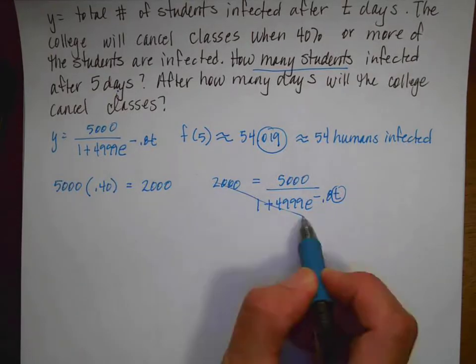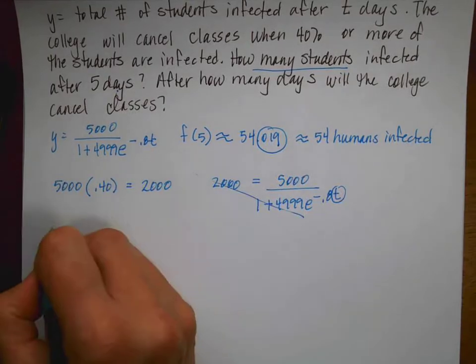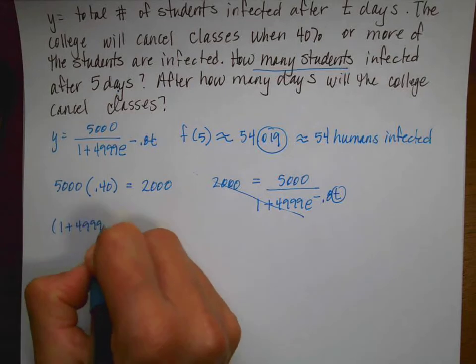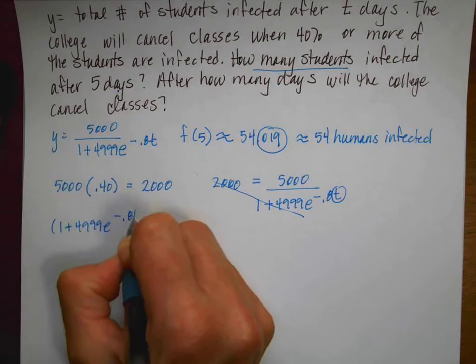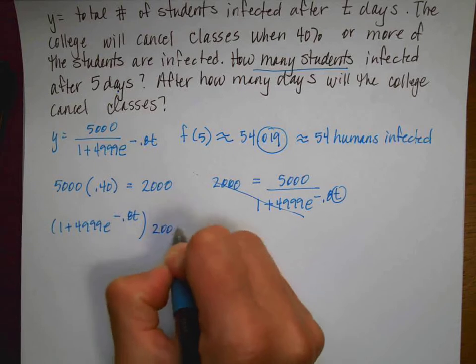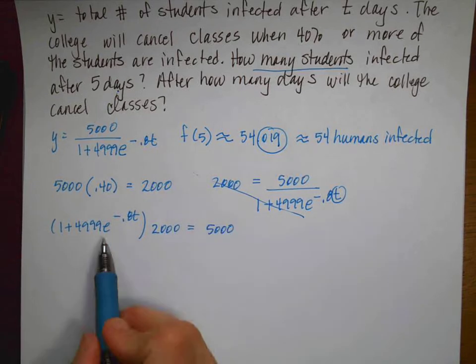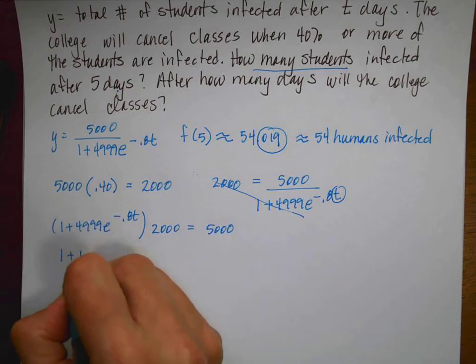The first thing I'm going to do is cross multiply, but I am not going to distribute. So I'm going to get 1 plus 4,999e to the negative 0.8t times 2,000 is equal to 5,000.